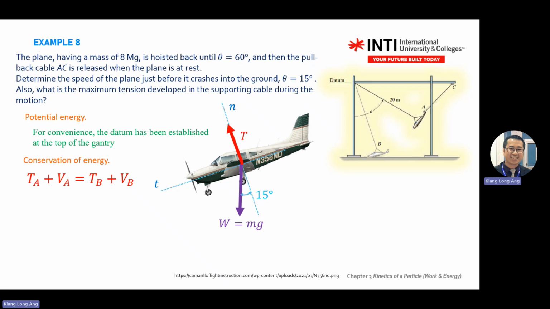There's one that is not conservative. Why is that? What is non-conservative?